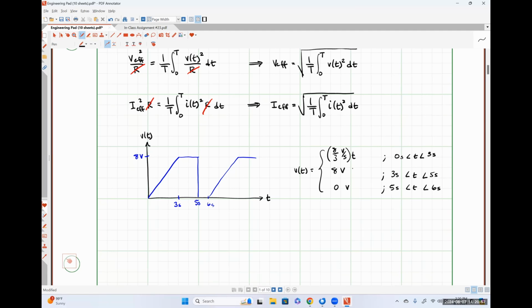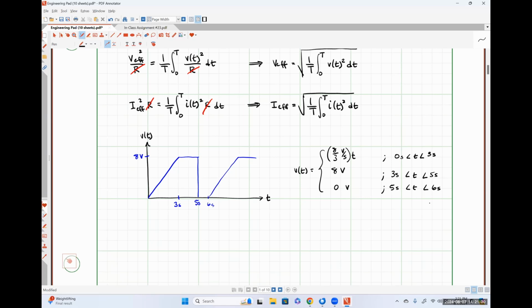So are we okay with this mathematical description of the signal that I've drawn for one period? I'm going to take your silence as you agree that that is correct.